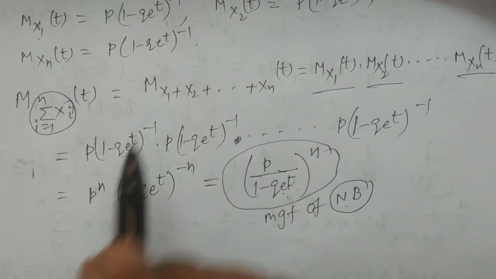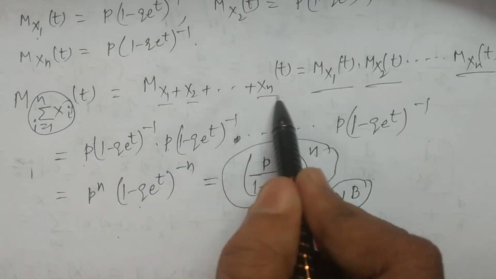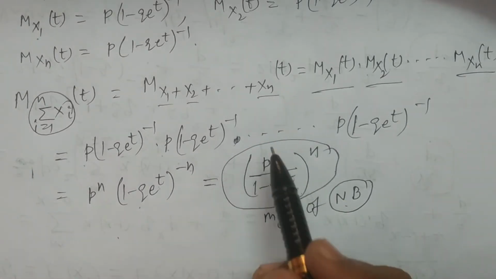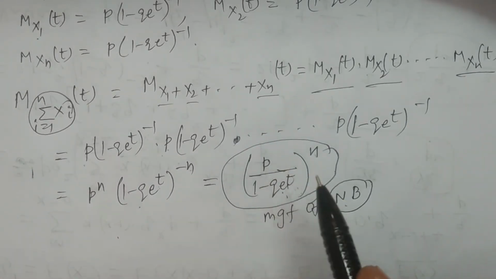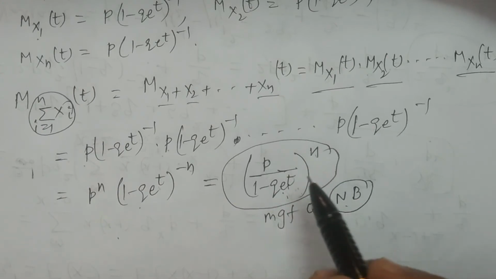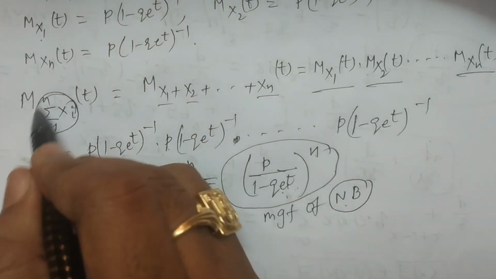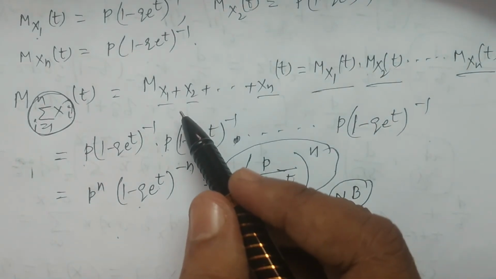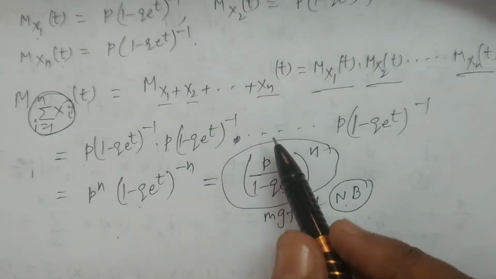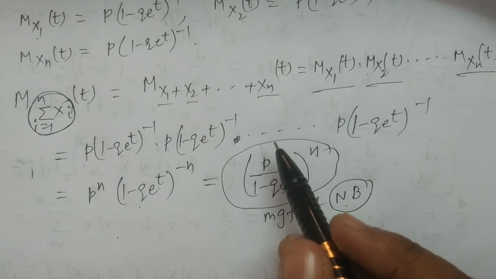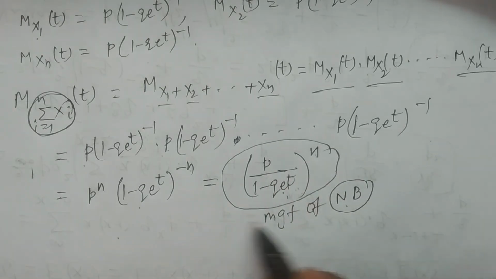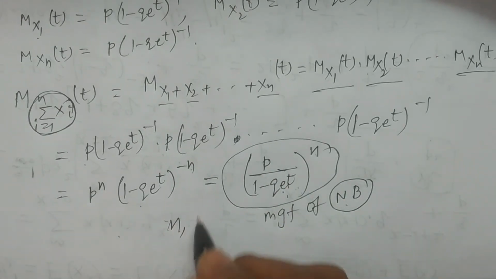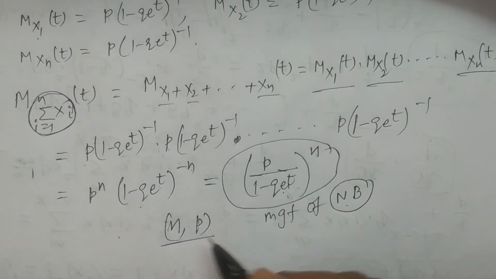That is, if X1, X2 and so on, Xn are geometric variables, then the summation of Xi, X1 plus X2 plus and so on Xn, becomes a negative binomial distribution with the parameters n and p.